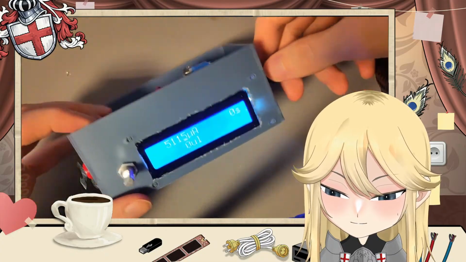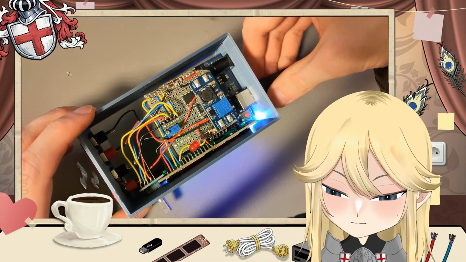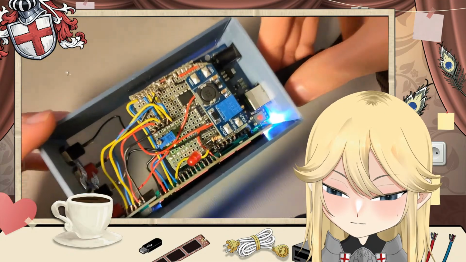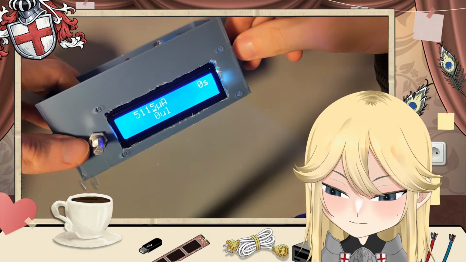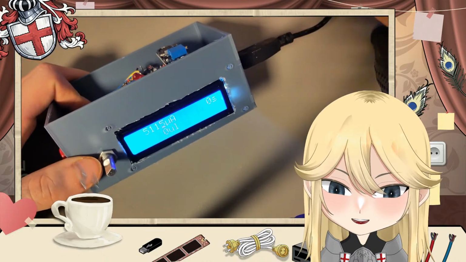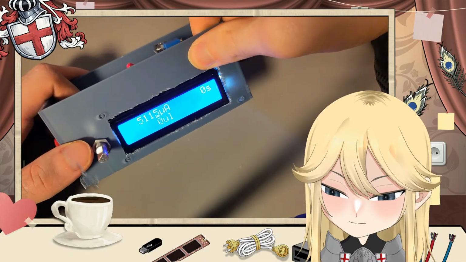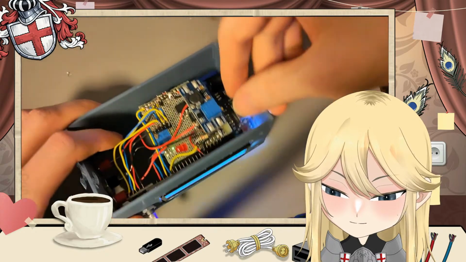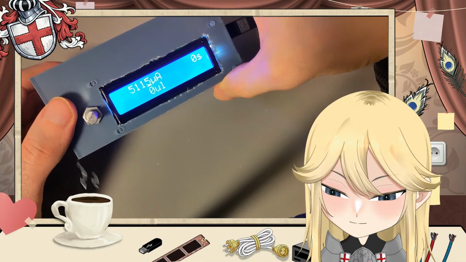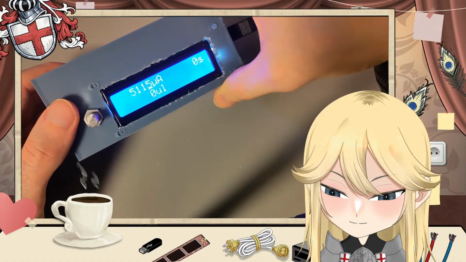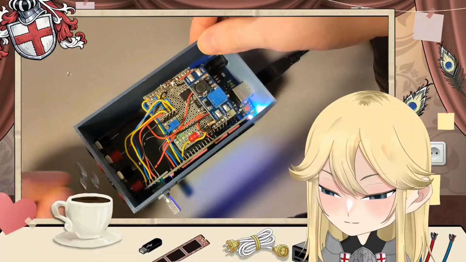5115. Okay, now if I touch this, I should get different values, but I'm not. Okay.